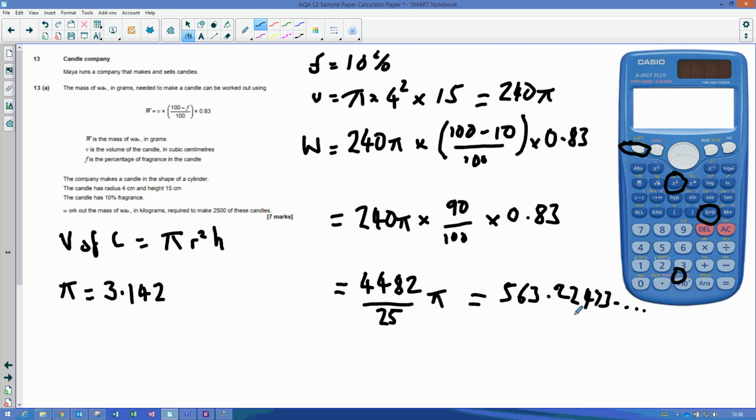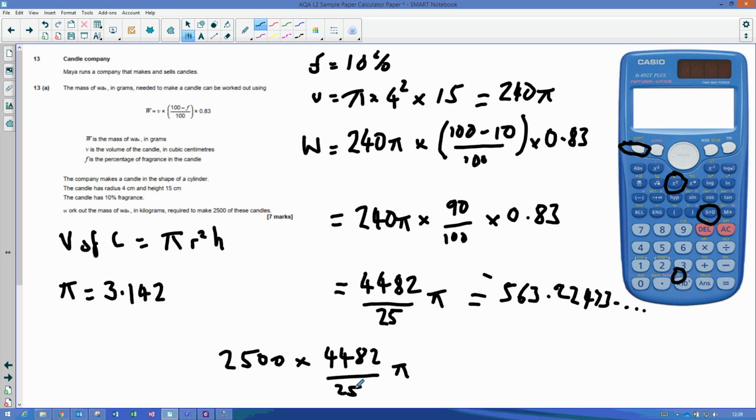That is the volume, the mass of one candle. This is the mass of one candle. I need 2,500. So I need to do 2,500 times 4482 over 25 times pi.